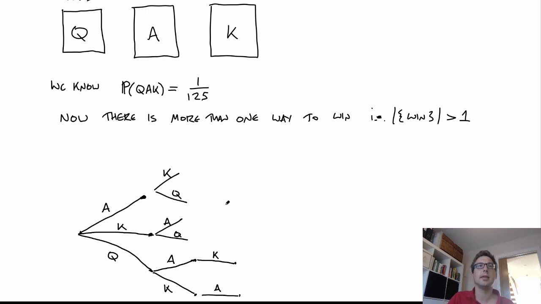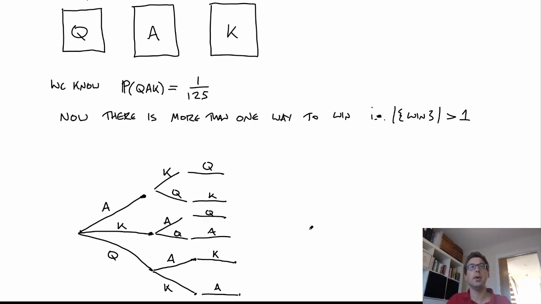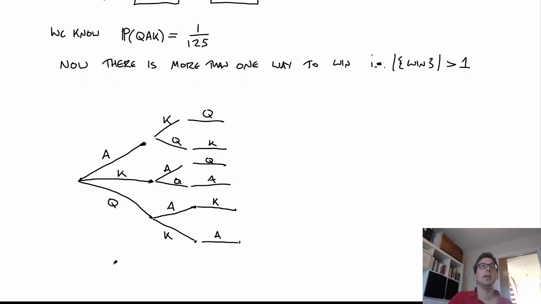Here, it's going to be queen, ace, queen, king. So I can count out the number of branches in this tree just like before, and you can notice there are 6 branches. There are 3 branches to start with, each of those splits into 2 branches, which then split into 1 branch, which gives me the 6 branches.